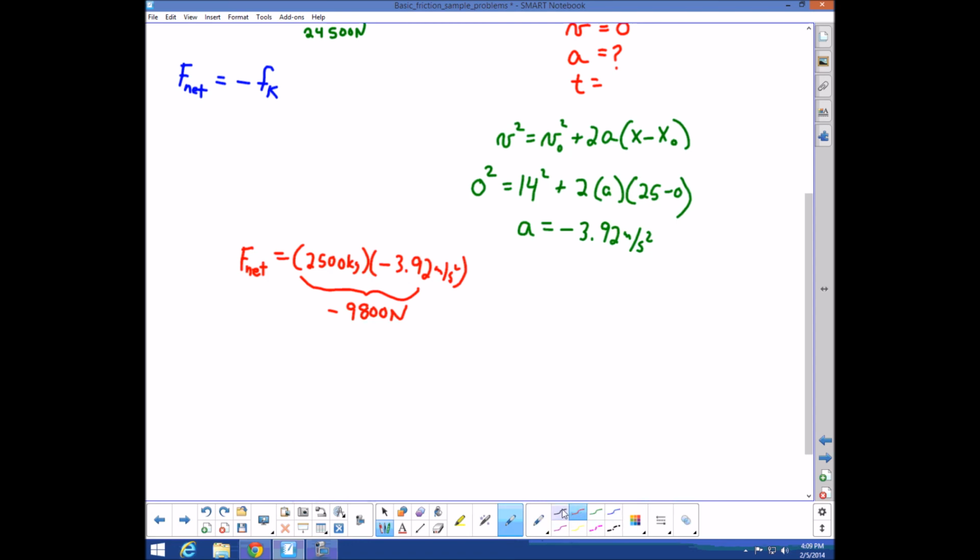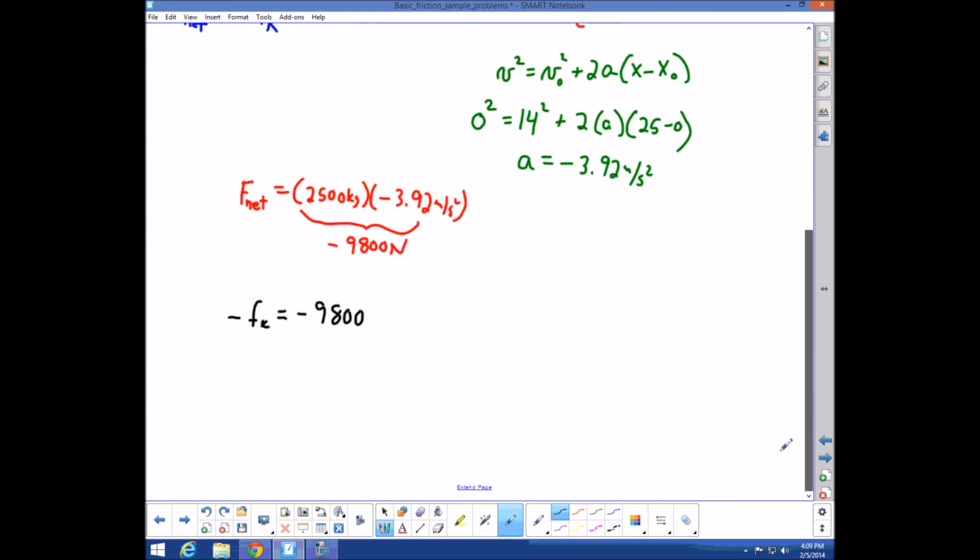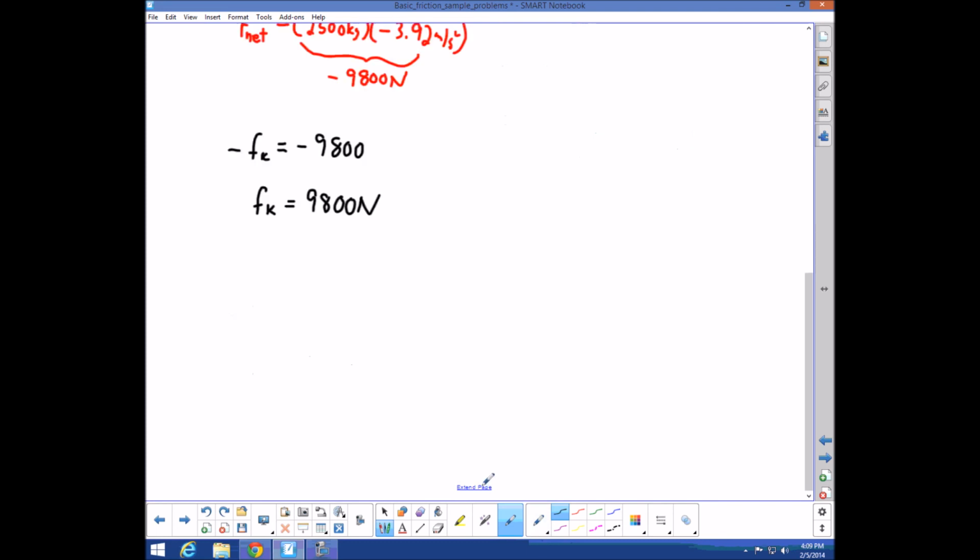And so from this, we have that negative F sub k equals negative 9,800 newtons, or that the force of friction was 9,800 newtons. Again, remember, F sub k is standing for the magnitude of the force of friction.